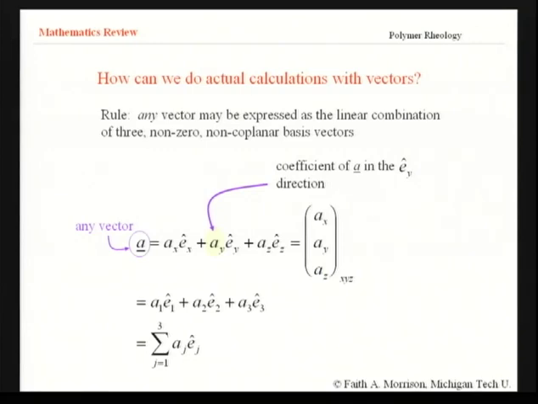So then you can see why I like the numbers better if you go to the second line here. This XYZ is okay, but that required me to write a lot. If I write them as 1, 2, 3, I can be even more compact and write them as the summation j equals 1 to 3 of a sub j, e sub j.